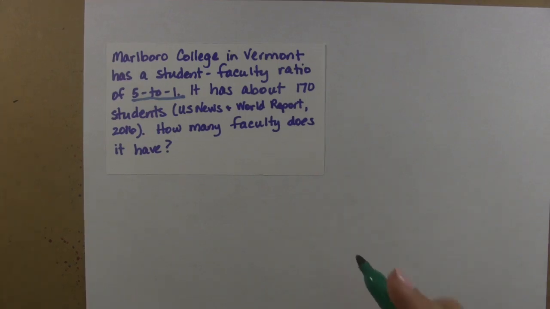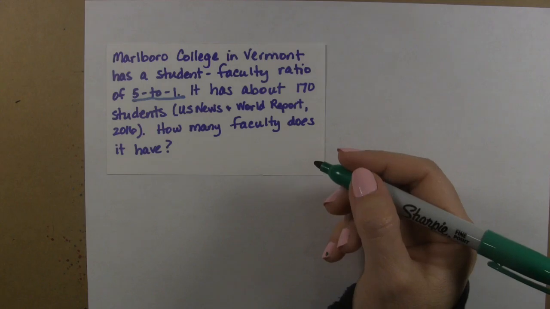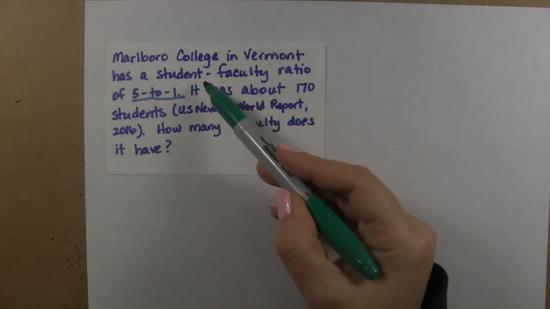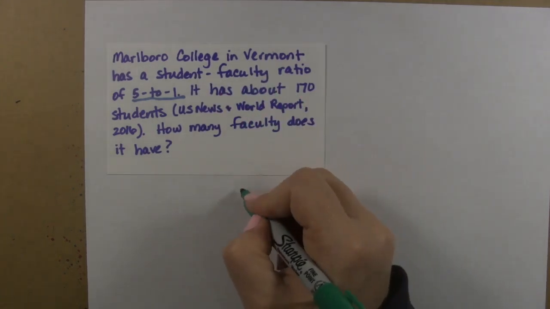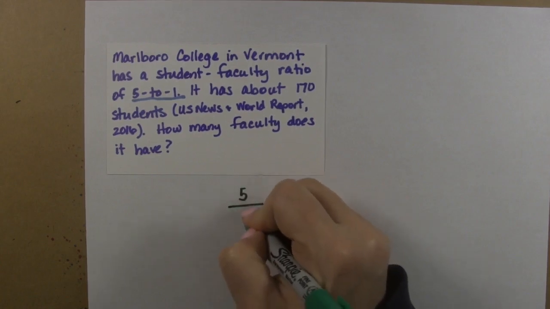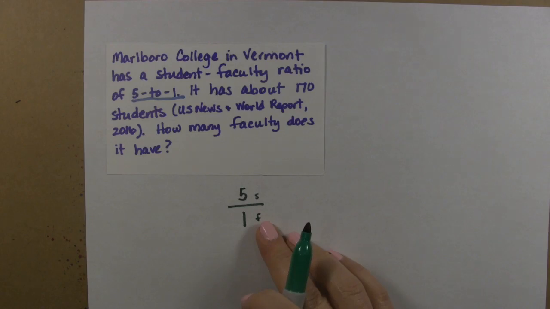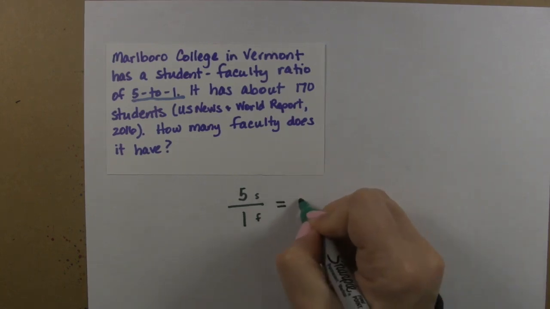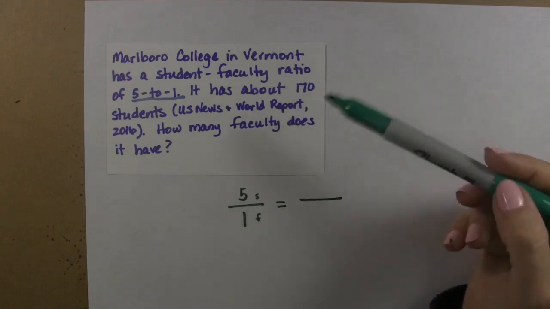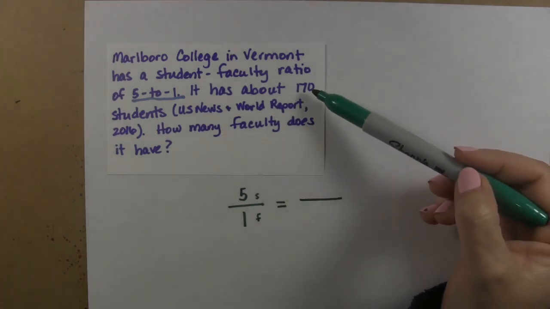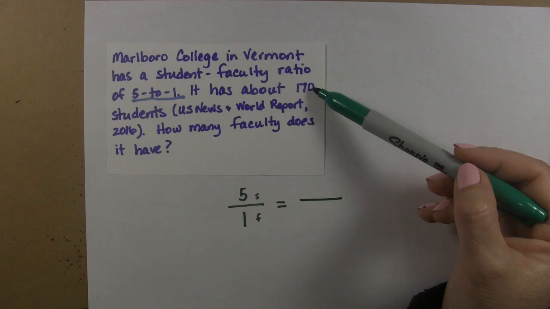Well, let's set up our proportion. So here we have student to faculty. So I'm going to put student over faculty. So this is student and this is faculty. You don't really need that S and the F, but I'm putting it there just so that we set up our other equation, our other fraction properly. So we have about 170 students.